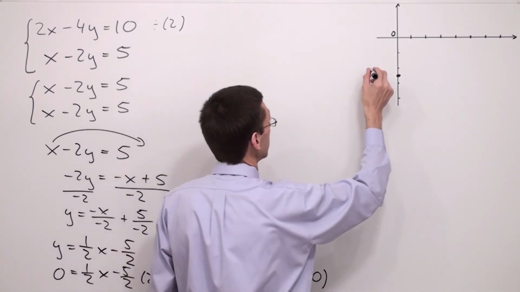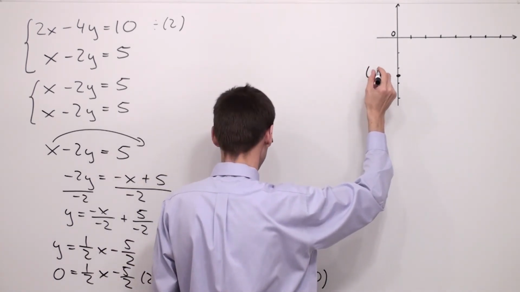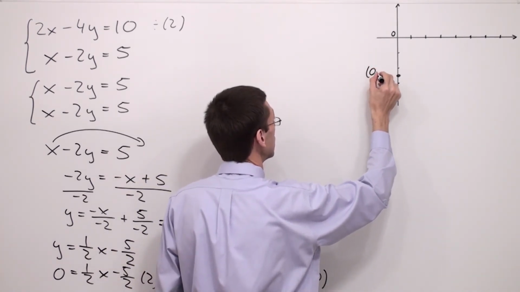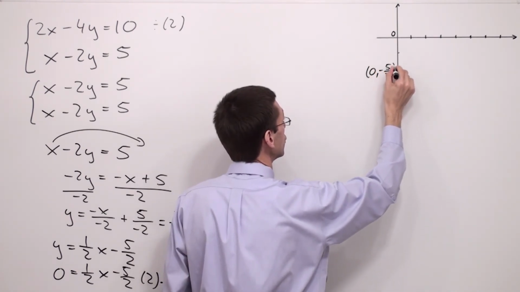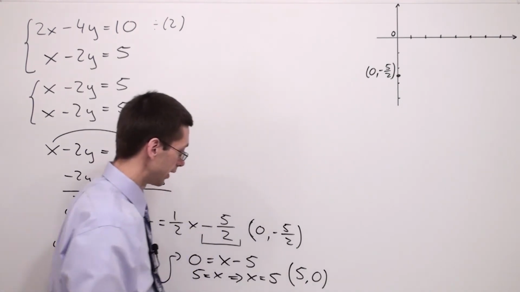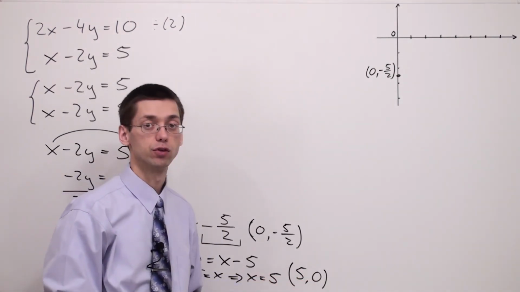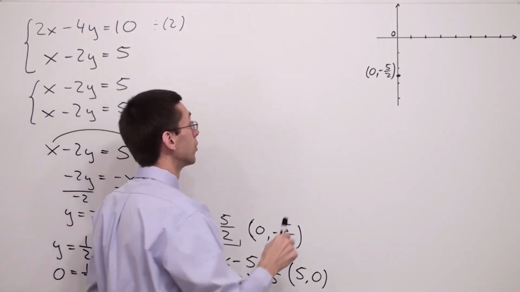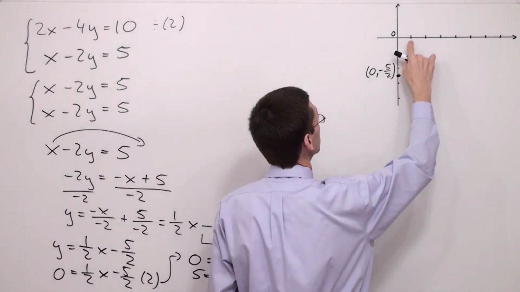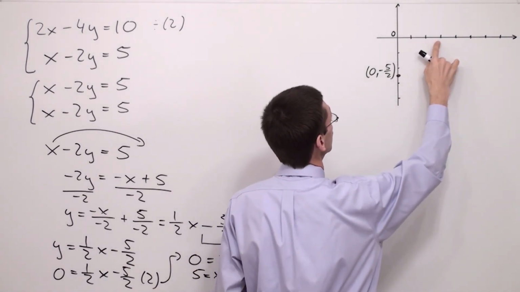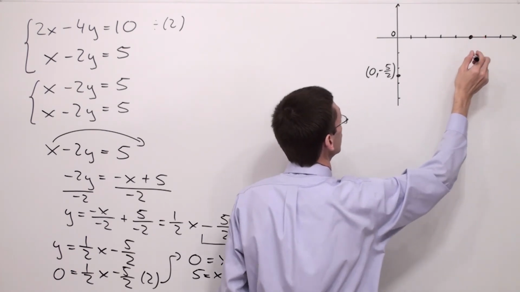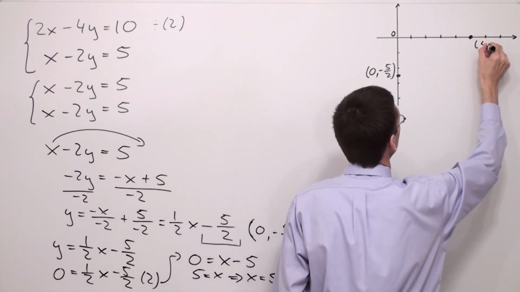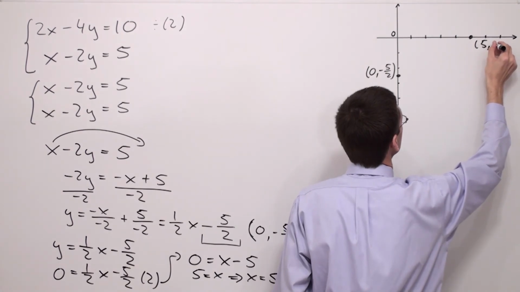One more time, the point has coordinates 0, negative 5 over 2. My next point has coordinates 5, 0. So I have x is 5: 1, 2, 3, 4, 5, and 0. Okay, I got 2 points.